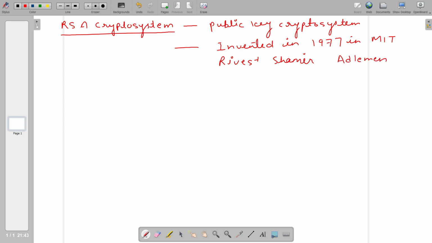On their names, R from Rivest, S from Shamir, and A from Adleman, the crypto system is given the name RSA.